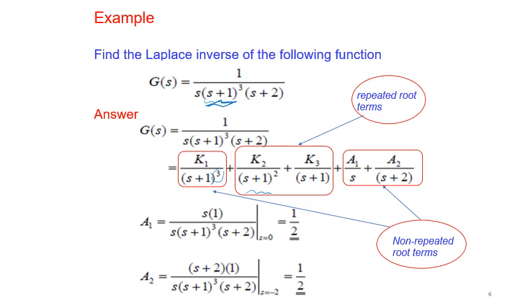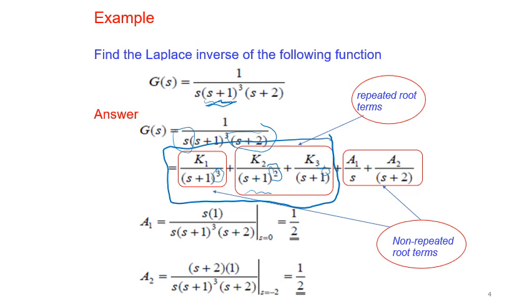Remember, here it's 3, here is 2, and finally here it's 1. So we finish this part, which comes from the repeated factor, and we put the constants K1, K2, K3 for them, just to differentiate between the repeated and the non-repeated. Then after that, we will continue with the non-repeated elements, which are A1 over s plus A2 over (s+2).